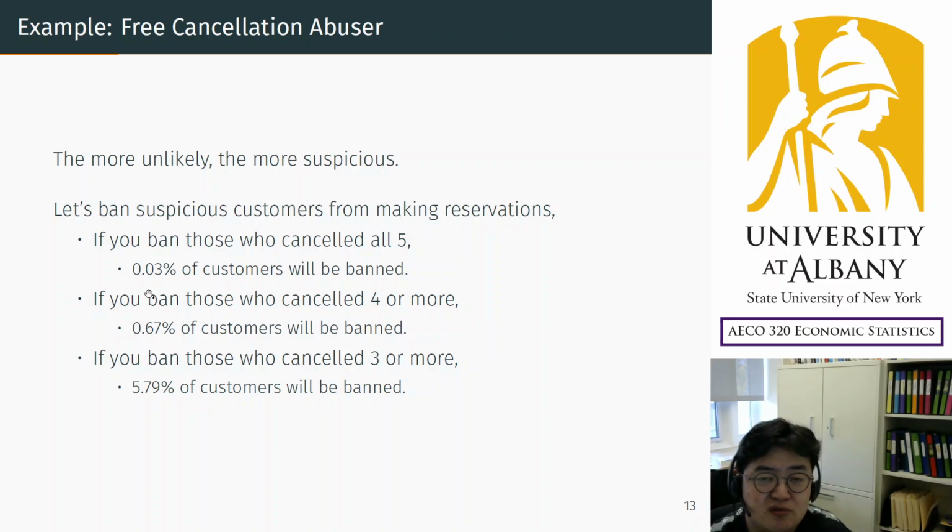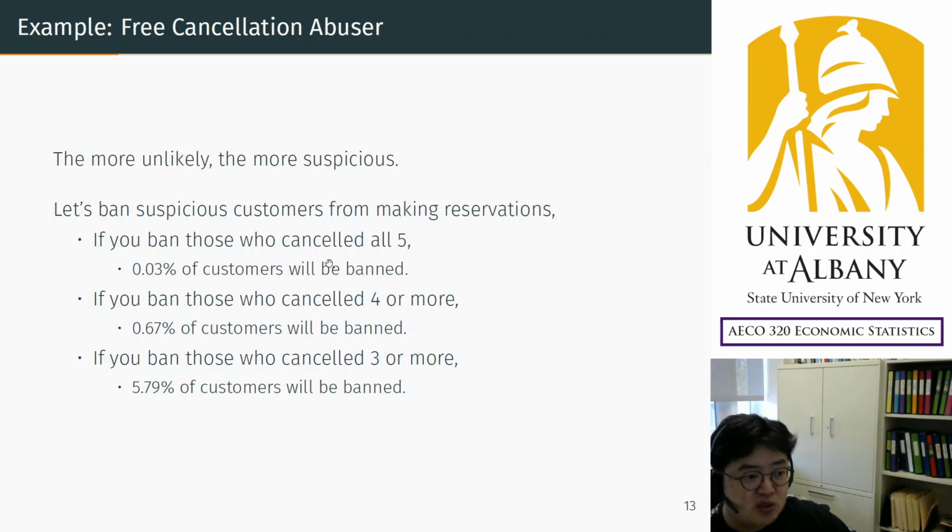But if you lower the standard to 4 cancellations, then 0.67% of customers will be banned. And if you even lower the bar to 3 cancellations, the probability will become 5.79%. So 5.79% of innocent customers will be banned.